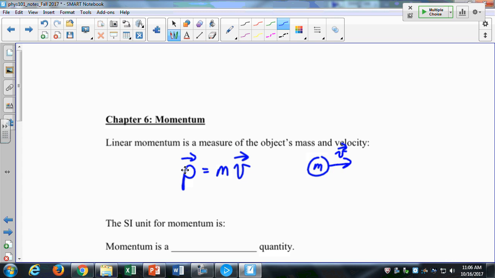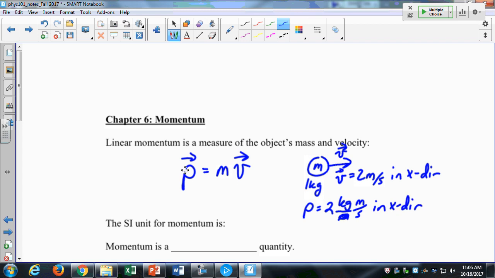So in our example, let's say that the mass was 1 kilogram and the velocity was 2 meters per second in the x direction. Then we would say that my momentum is equal to 2 kilogram meters per second in the x direction. It is a vector quantity, so it has a direction.